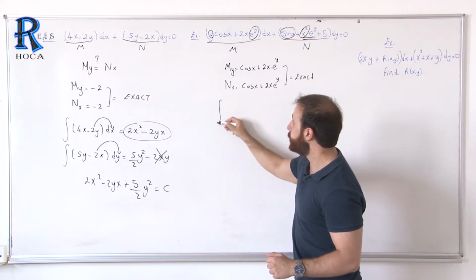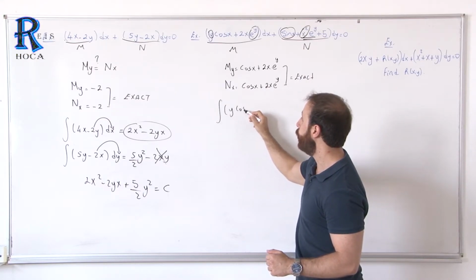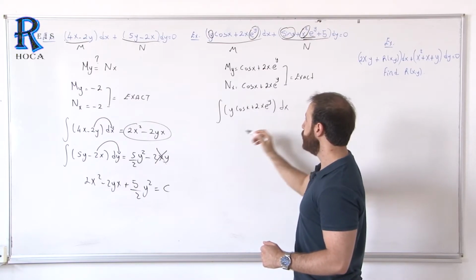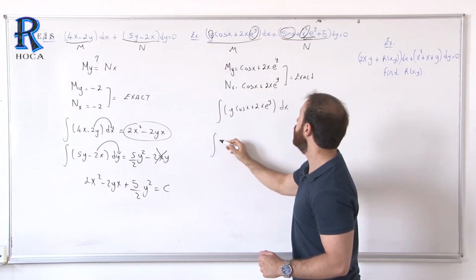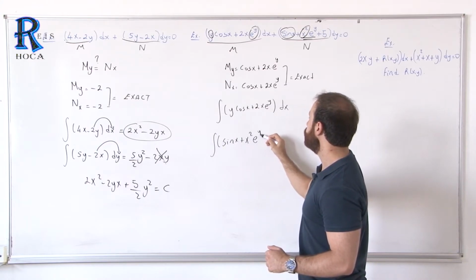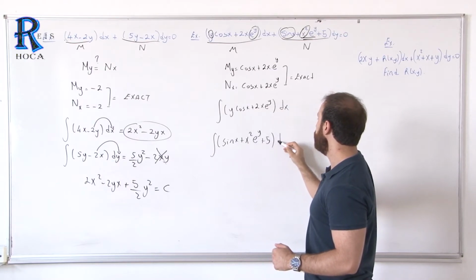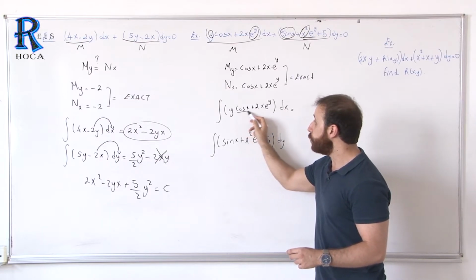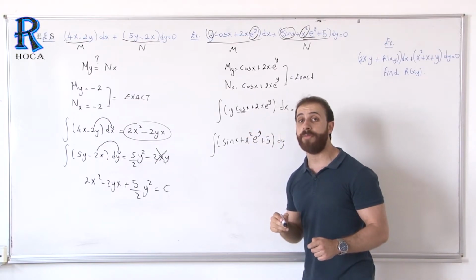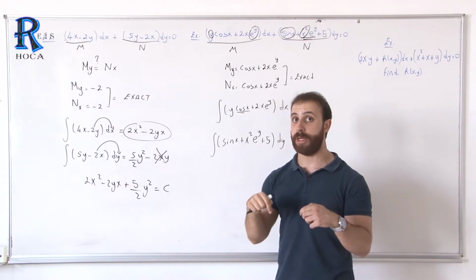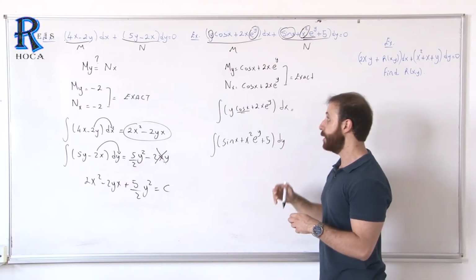Again, let's take the integral separately. Integral of the first part and integral of the second part. Sine x plus x squared exponential y plus 5 dy. So here with respect to x, the integral of cosine, we know that the derivative of cosine is minus sine, but the integral is sine.